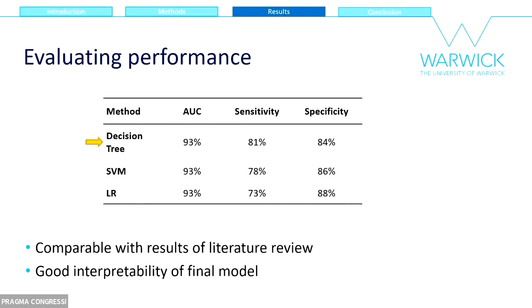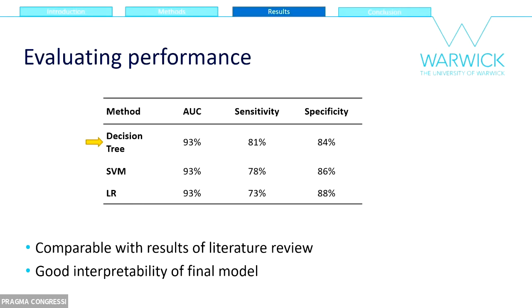Just onto our results now. We found the decision tree to have the best performance, and this is a lot to do with the sensitivity, because we're aware that pneumonia is typically associated with more severe disease, so we wanted to capture as many true positive cases of pneumonia as possible.